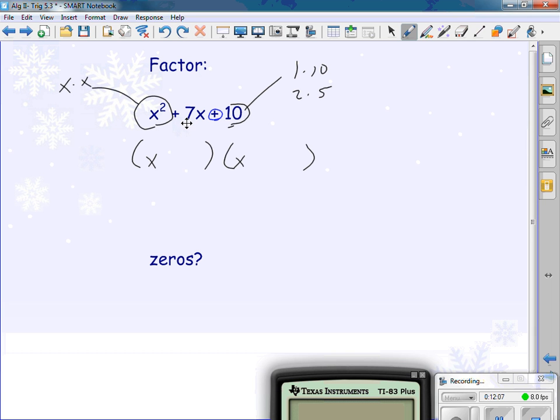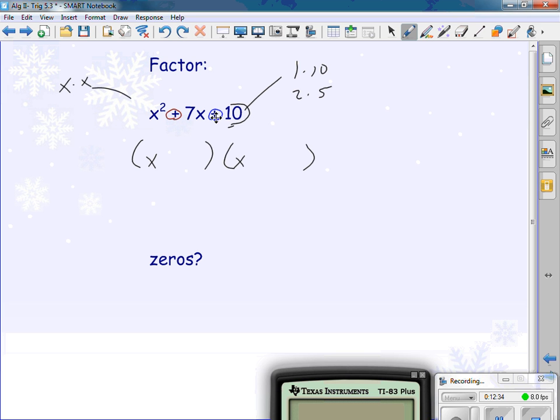This middle term, if we're thinking of this as undistributing, unfoiling, what's this sign? Positive. Can I ever put 2 negatives together and get a positive? Negative 5 and negative 2 is negative 7. 2 negatives put together adding are always going to give me negatives.